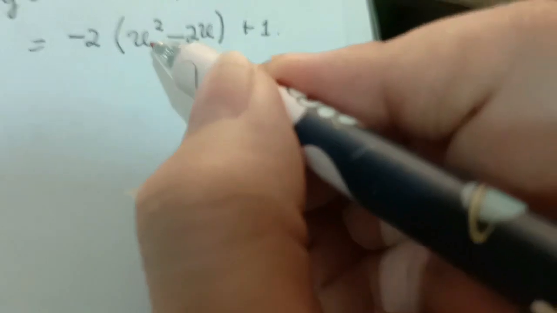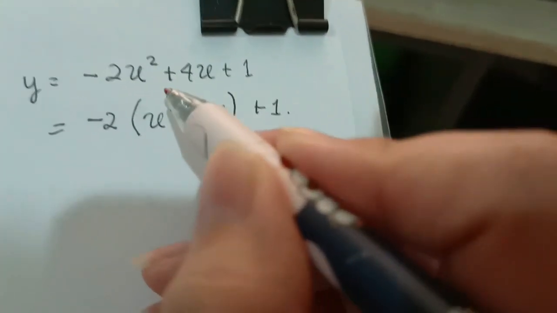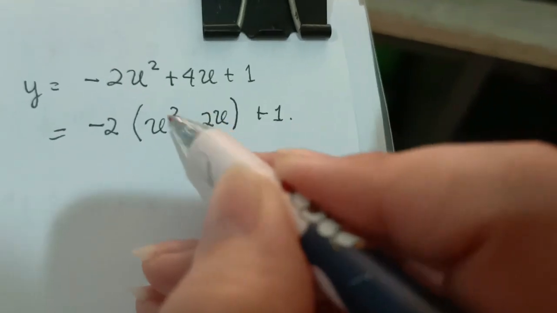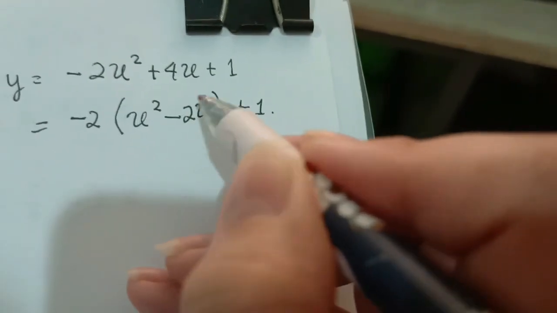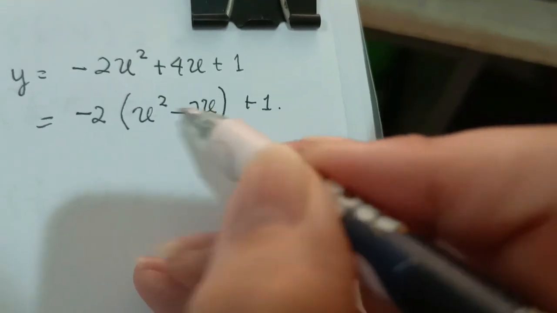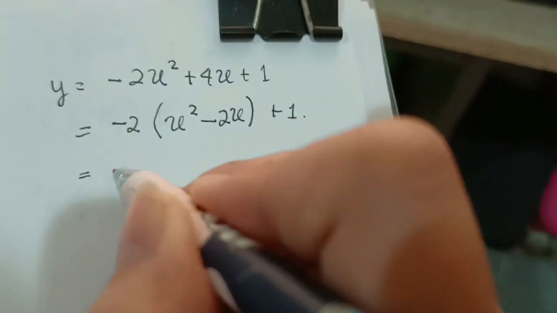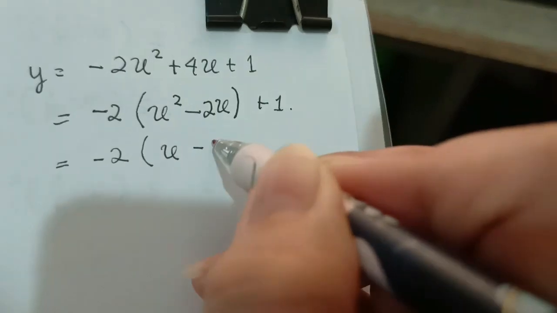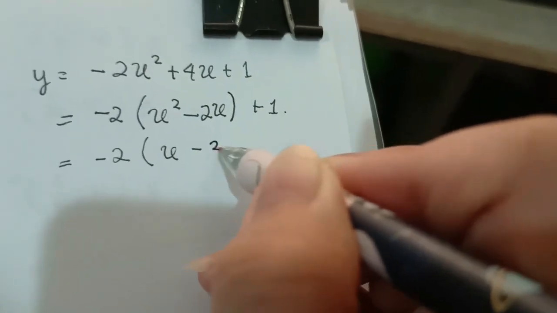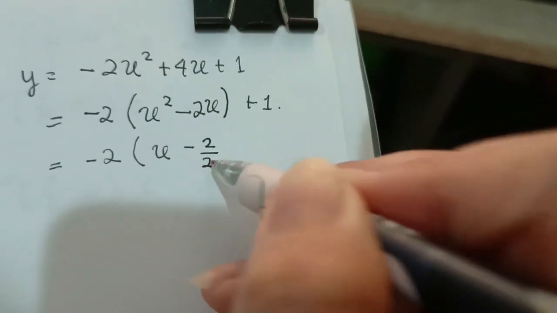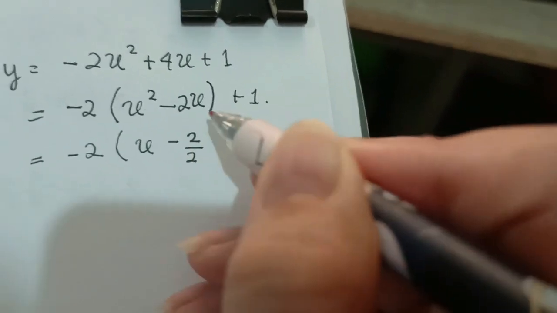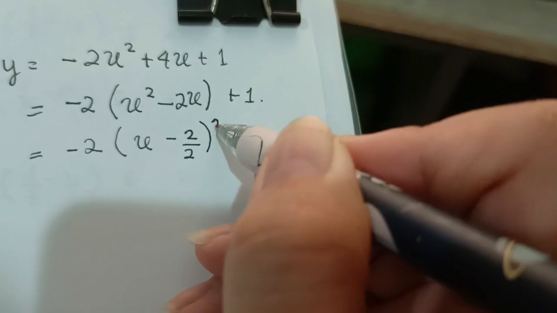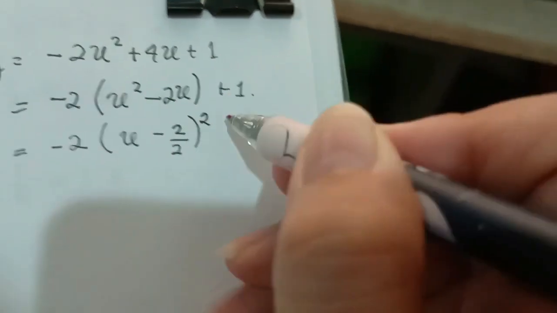Okay, now we are going to remove the quadrat over here. When you remove the quadrat over here, the x over here also will be gone. Now it will become minus 2 in the bracket x minus 2 per 2. Always divide with 2. The x will be gone because we are going to replace it over here with quadrat.